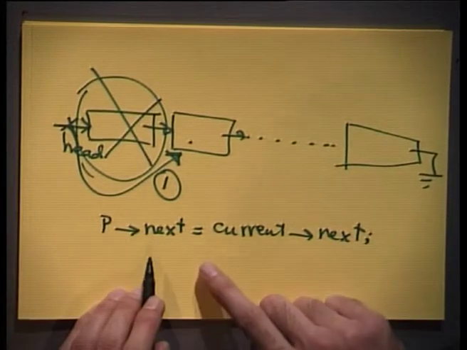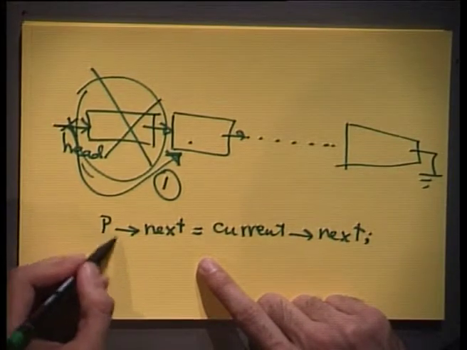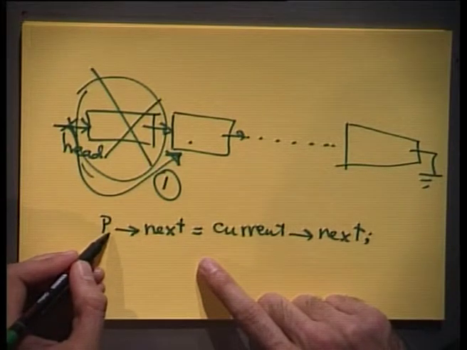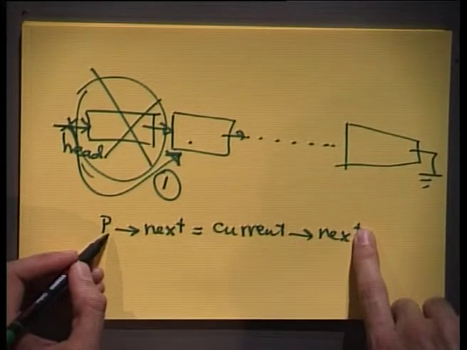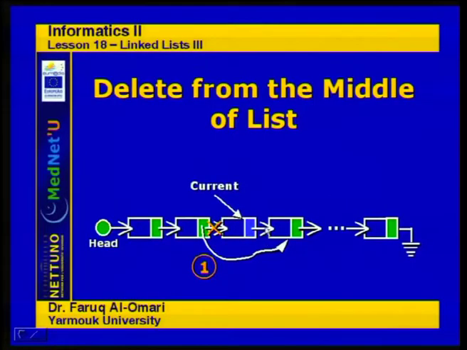So this means make this node P point to whatever current is pointing to, which is, if you like, this one. That's current arrow next. It's this arrow. So make this point to this one. That's one way of doing it.